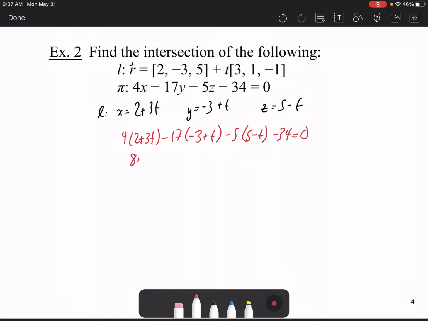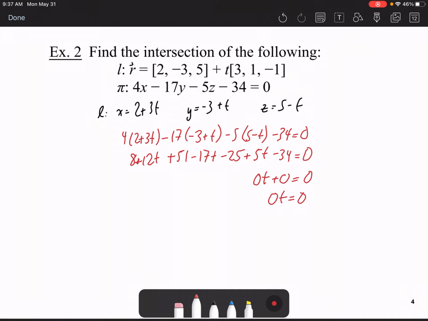Okay, again, expand. Like so. I'm going to use my calculator. So I get 0t in this case. And this is 0. So 0t equals 0.